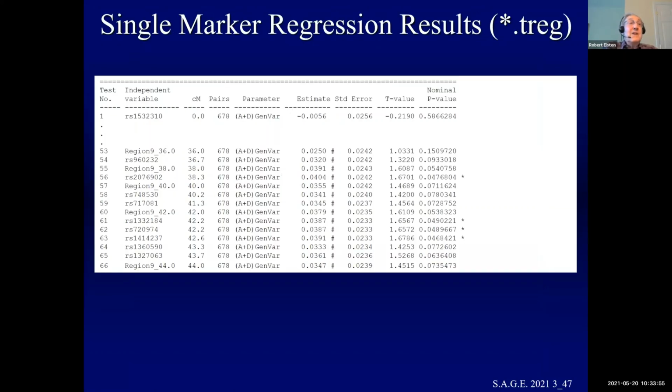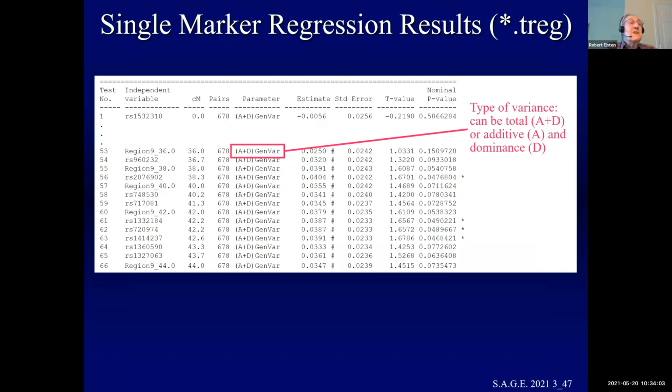Okay, now the next output gives you every marker, and you can see the number of pairs at that marker. You're going to look at the total additive and dominance variance. You've got the estimate, the standard error, the p-value, and the nominal p-value.